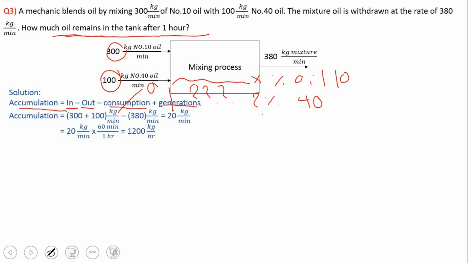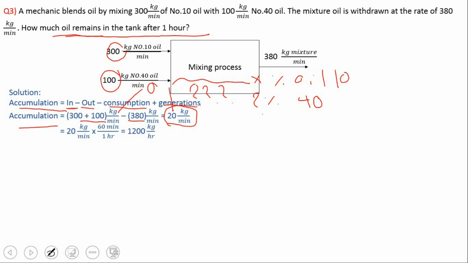Both terms will be 0. So the accumulation equals the input, which is 300 plus 100, minus the output. If we do the calculation, it will be 20 kilogram per minute.